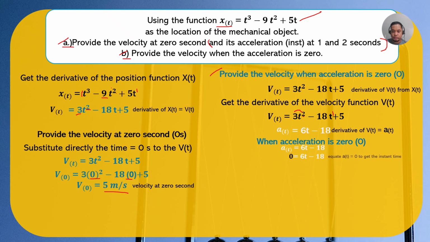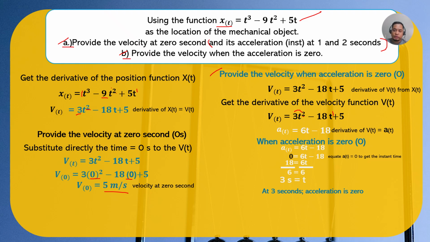We will transpose negative 18, and it will become positive 18. Then for 6t, we will divide both sides by 6, and then we will get 3 seconds as the time. At 3 seconds, acceleration is 0.